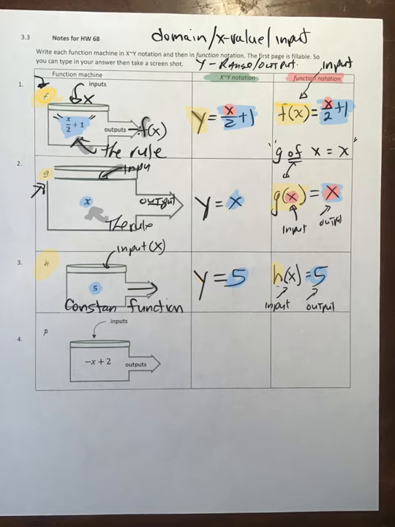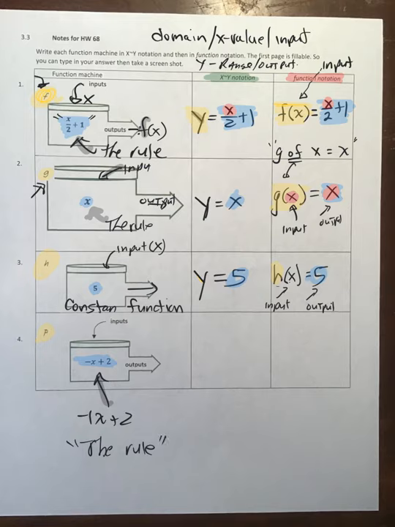And then the next one, we're talking about the P machine. So this time the machine is the P machine. Negative, so you can think of that as -1 times the input plus 2. So -1 times the input plus 2 is the rule. Sometimes they call it the equation.